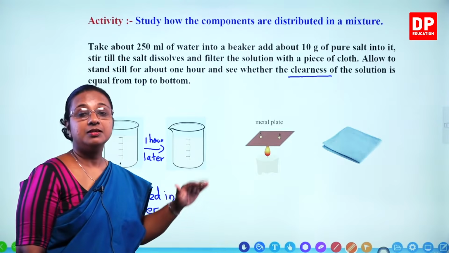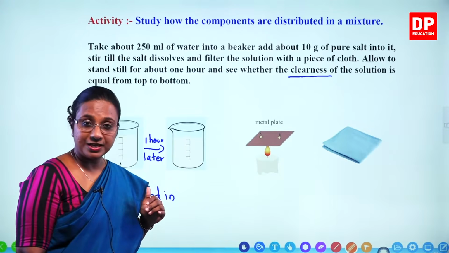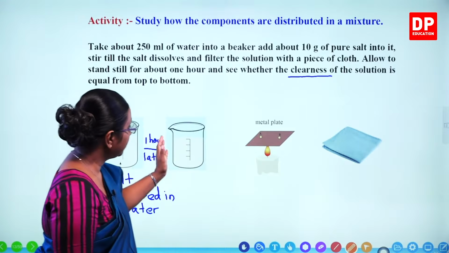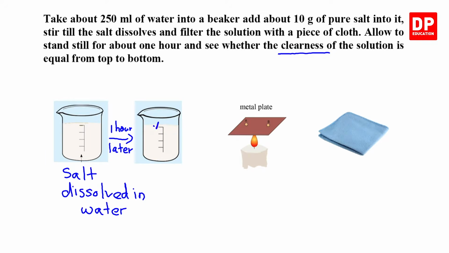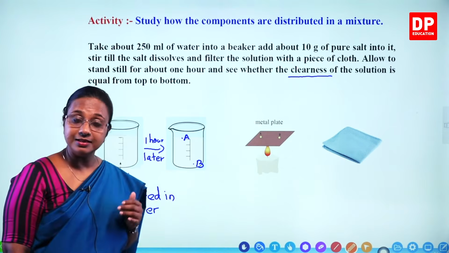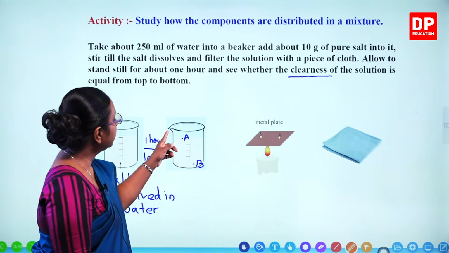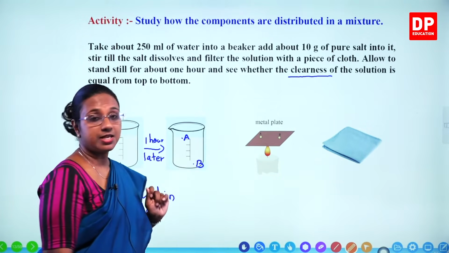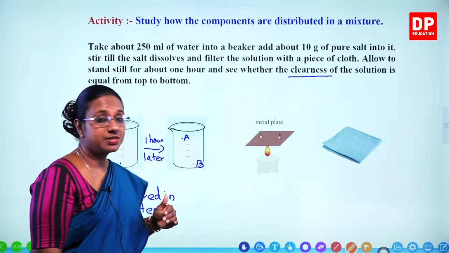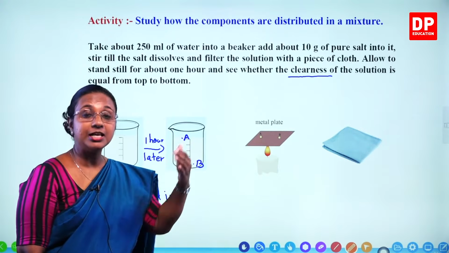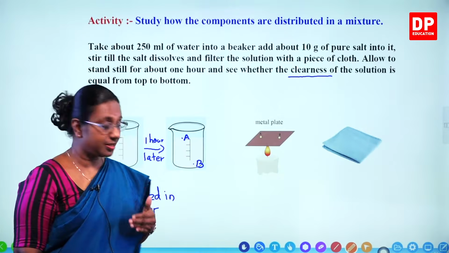After 1 hour, you will see the observation. Then we take drops, again 2 drops. From this point, I can name it as A, and this point we will name it as B, like in the previous activity. We take drops of the solution from the 2 points, but you have already observed that the solution is a clear, transparent solution.